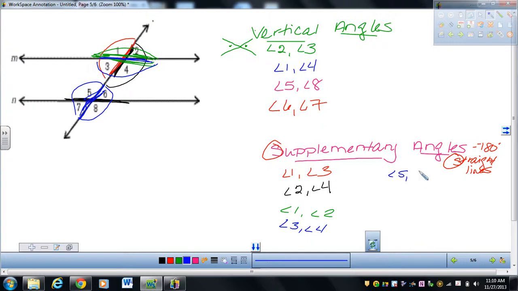So 5 and 7 and 6 and 8 that form that line that goes up and down. And then I've got this line that goes sideways. So I've got angles 5 and 6 there, and I've got angles 7 and 8 here. Okay? Looking for that straight line. Always a straight line.